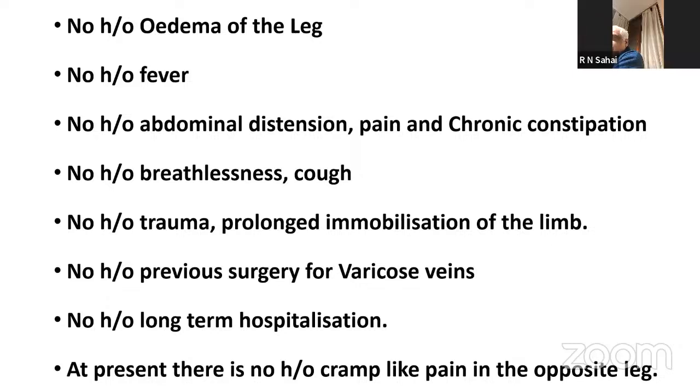Okay. So which DVT in which portion of the limb is most likely to give rise to pulmonary embolism? Sir, DVT in the iliac vein, sir. In the iliac, right, in the upper veins. Yes, sir. So how does pulmonary embolism generally present?